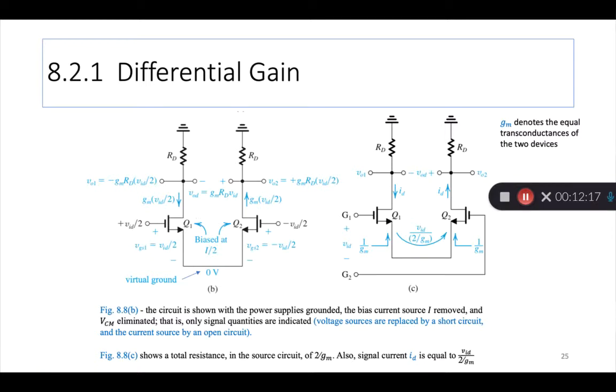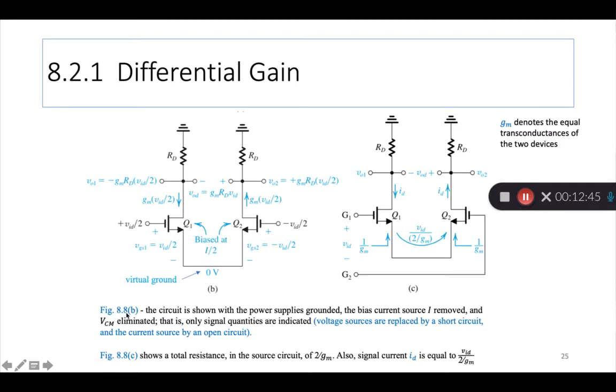Which is generally how we have done small signal analysis. Again, to repeat an important point, this way of doing a small signal analysis is only allowed if you are in the linear operating range. The linear range of the saturation curve of these two devices is where you're allowed to make those assumptions.